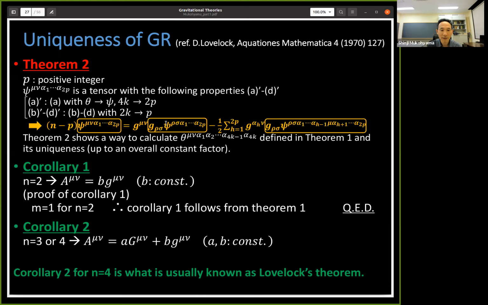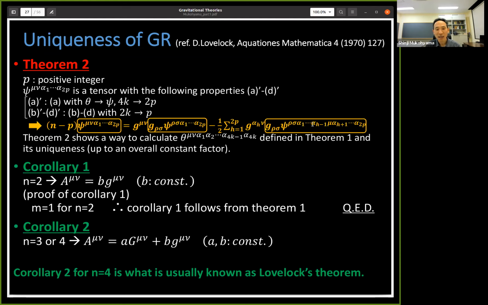So the number of indices is smaller by 2. And also this tensor is this tensor, but the first two indices are contracted by the metric G. So the number of indices is 2p instead of 2p plus 2.